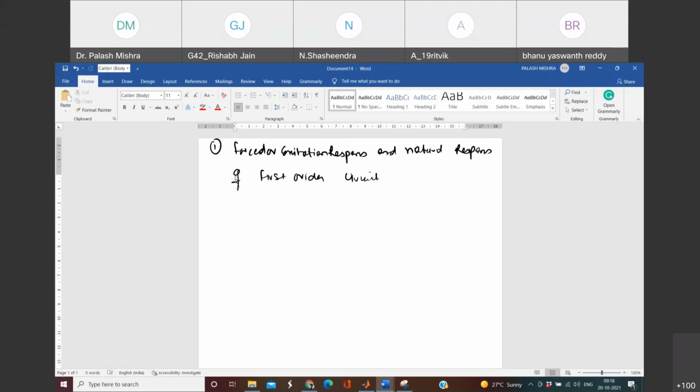Now slowly we are entering into differential equations and how to utilize the concept of differential equations in solving circuit problems. So in that way we will be moving.